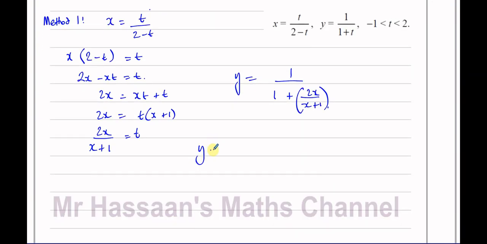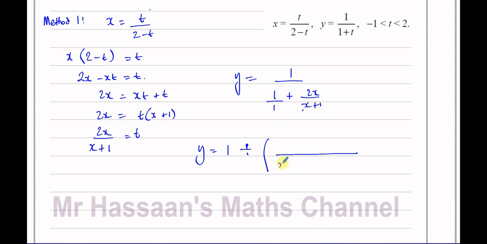So I'll write this as 1 divided by, and all of this I can write now as one fraction. I'll take away this bracket because it's not really necessary. To make this into one fraction, it's going to have a denominator of x plus 1.